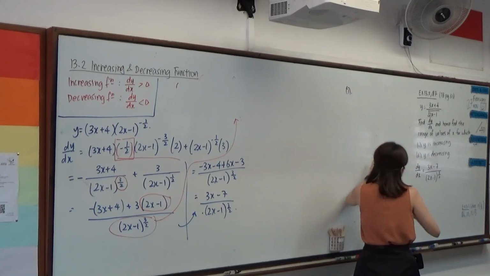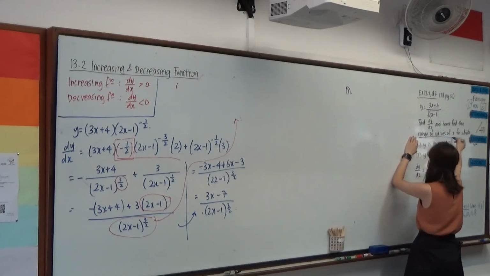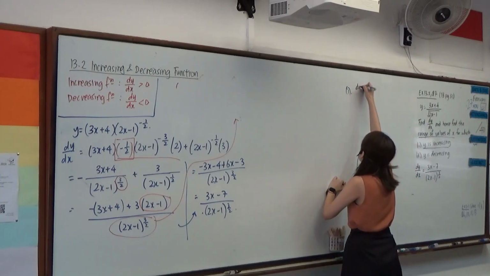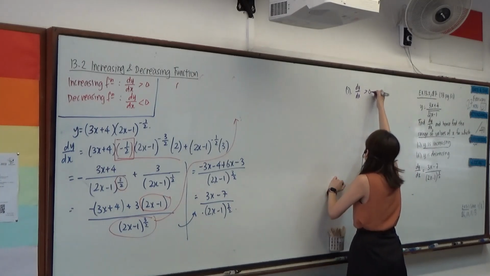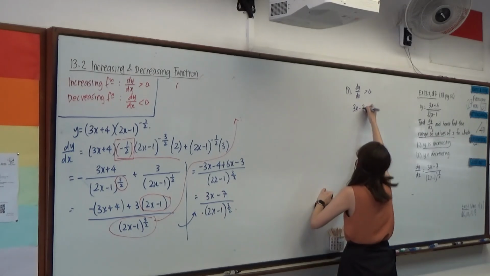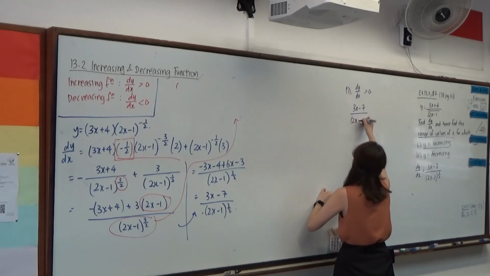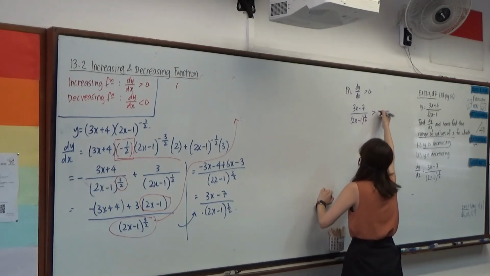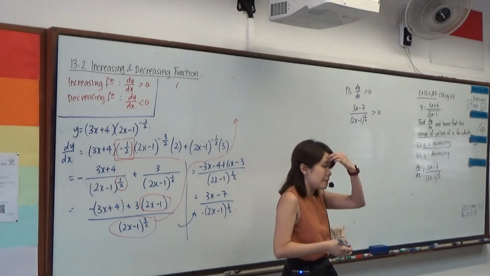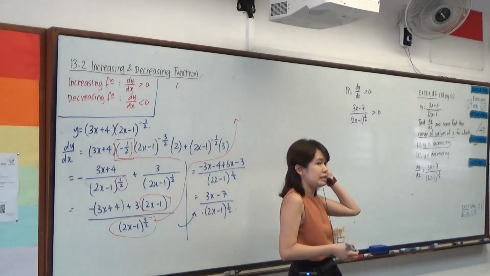Now, the question wants us to find the range of values of x such that y is increasing. That means that my dy over dx needs to be positive. In other words, my 3x minus 7 over 2x minus 1 to the power of 3 over 2 needs to be positive. Okay? Now this is the part whereby we need to be conceptually sound.